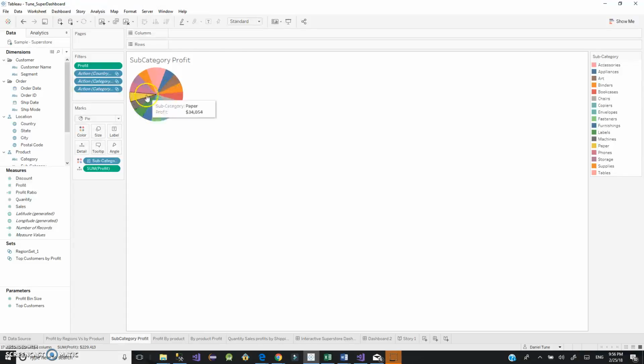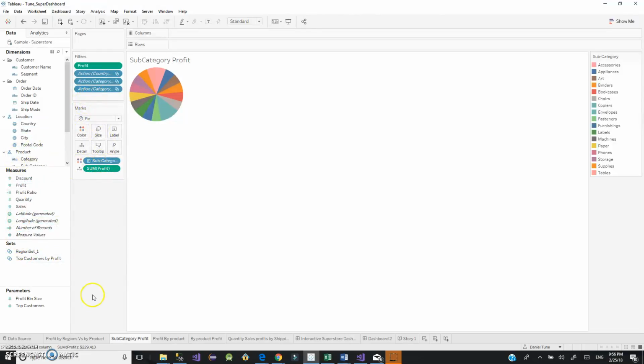What this does is just analyze. There's nothing on the columns and the rows. I just have a filter by the profit, and there is an action section also for the countries, and here is the data set for the countries and profit.